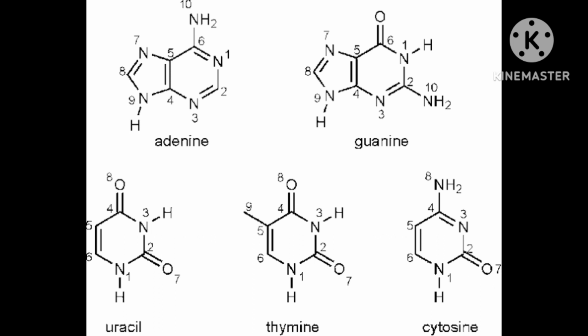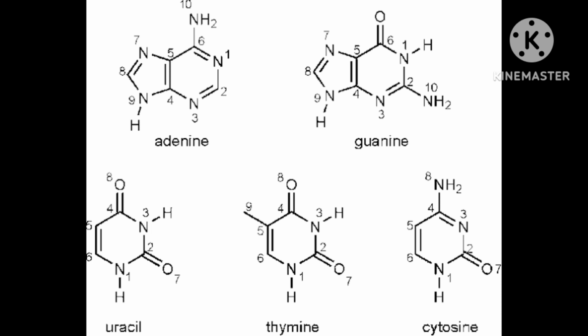I will tell you what the different types of bases are. DNA contains 4 bases, for example adenine, whose symbol is capital A, guanine, capital G, cytosine, symbol C, and thymine, symbol T. This I told about DNA, 4 bases.